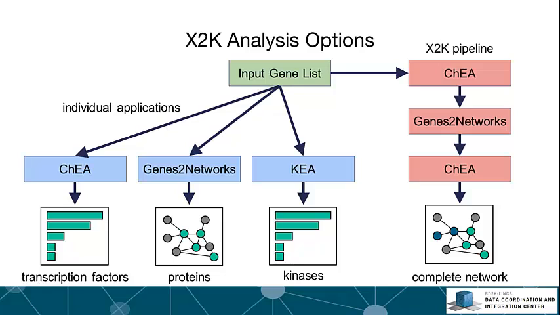And KEA, which will find related kinases and also display them in a graph ranked by significance. The final option is really the big one, the one which it's named after, X2K, where you run through all of them. The middle one should actually say genes to networks, but I'll get to that in a second. And it'll output a complete network.